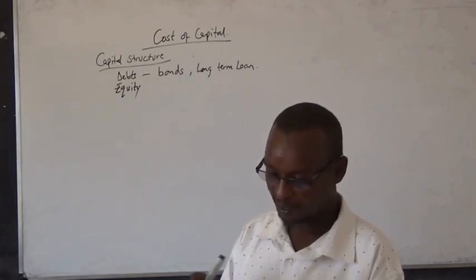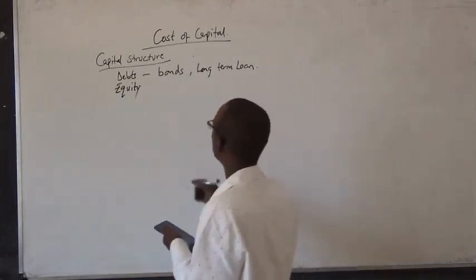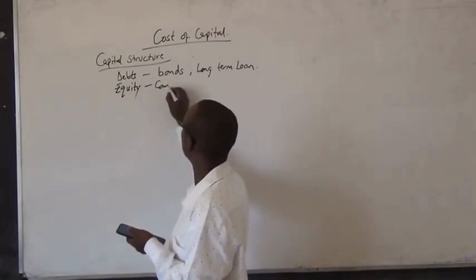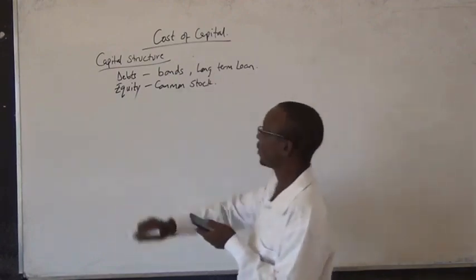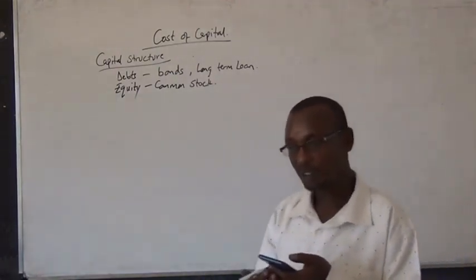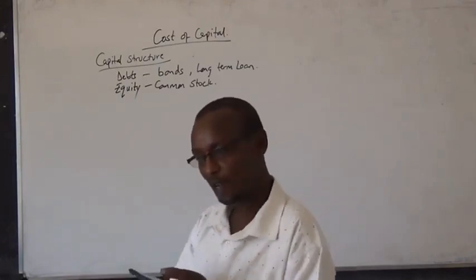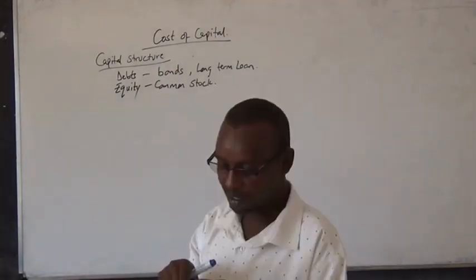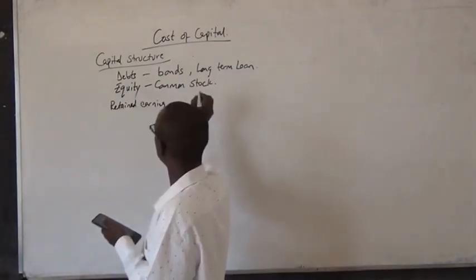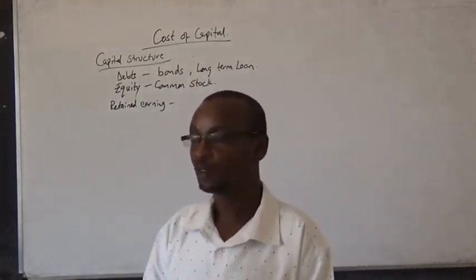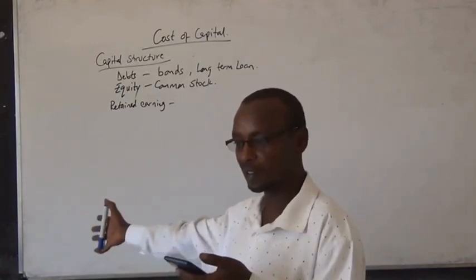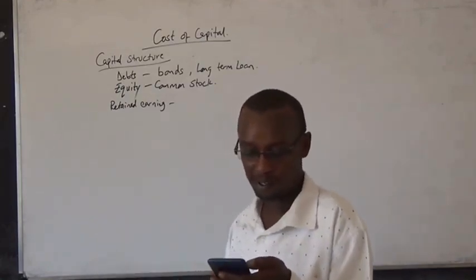Equity is common stock. So equity has been raised by who? The shareholders. There are also retained earnings, which are the retained profits. So this is the capital structure of a company.